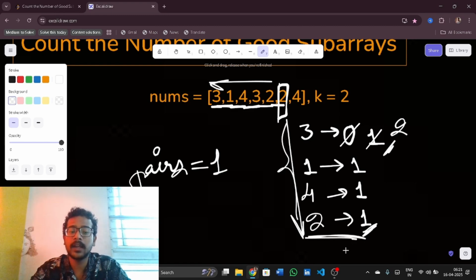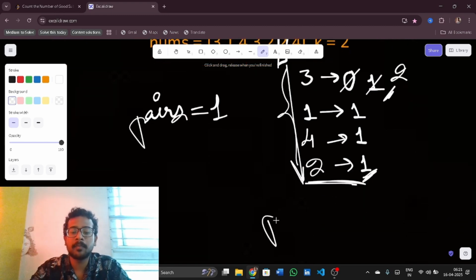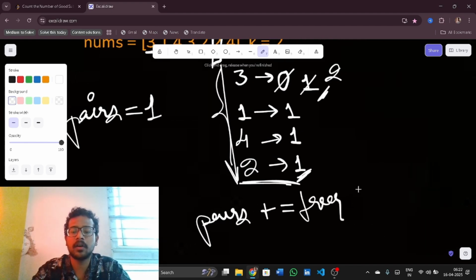I'll tell you why I am incrementing pairs. Pairs plus equals frequency of nums of r. You can say it as i, but we are using left and right.